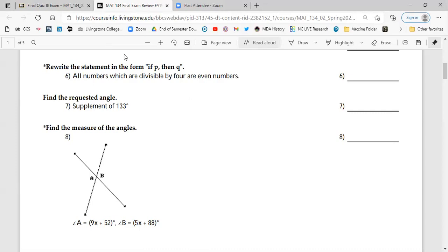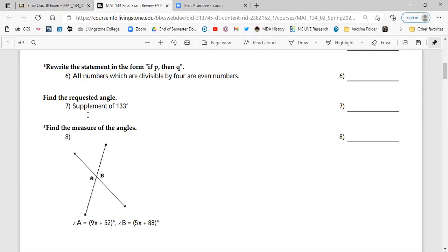If all numbers which are divisible by 4, then they are even numbers. Alrighty, we get a good showing today. Okay, so any questions? Any more questions with 6?